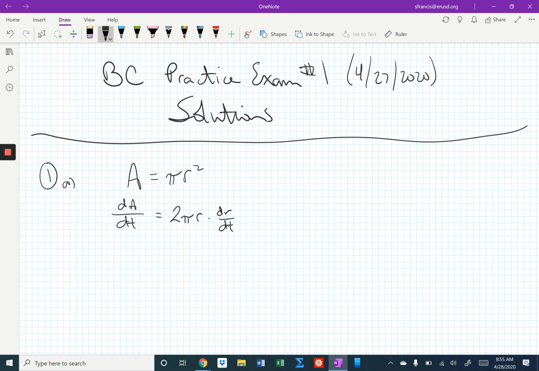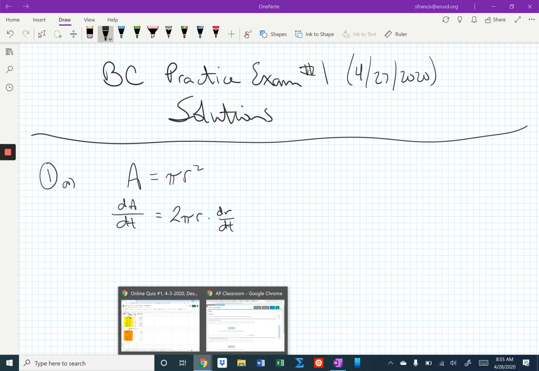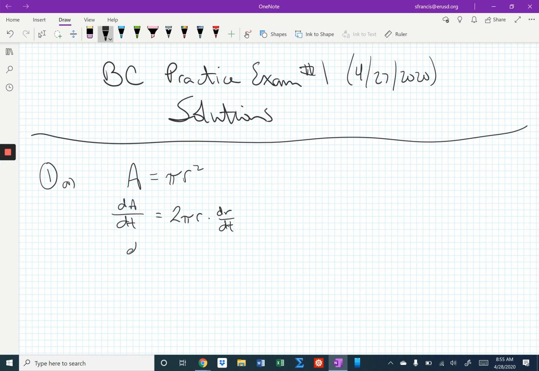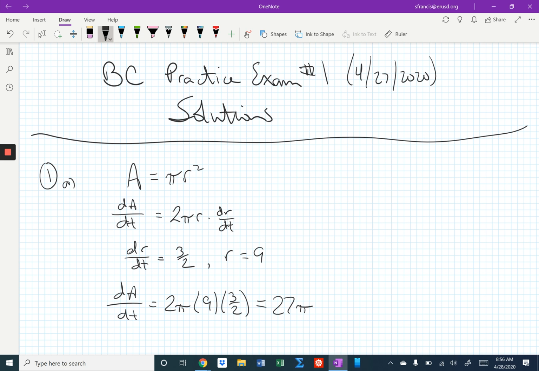They told us that dr over dt is, since it's increasing, positive 3/2. They also told us that this is happening when the radius is 9. And so dA over dt is just 2 pi times 9 times 3/2. And if we do a little bit of arithmetic, you get 27 pi.